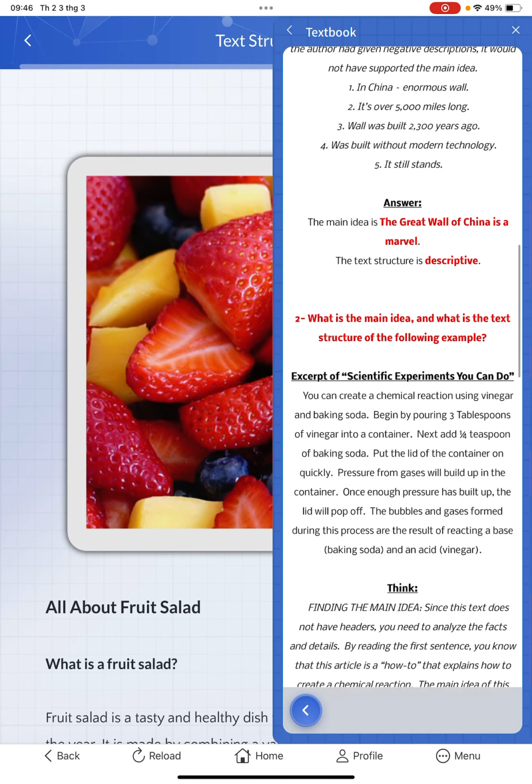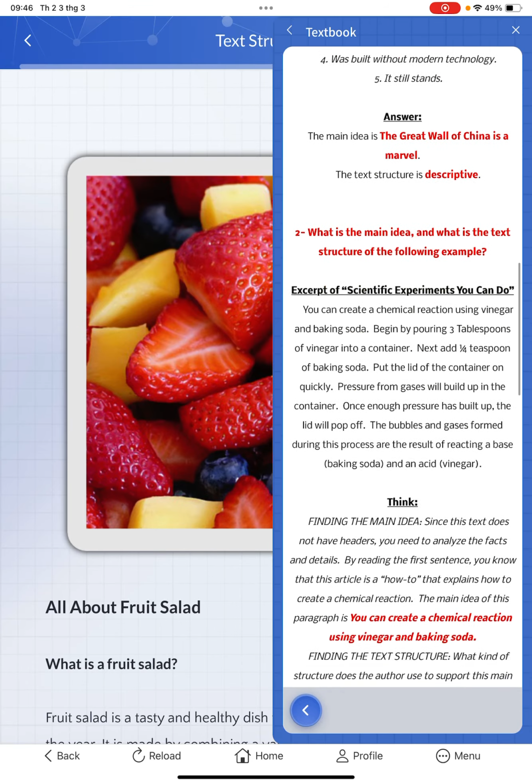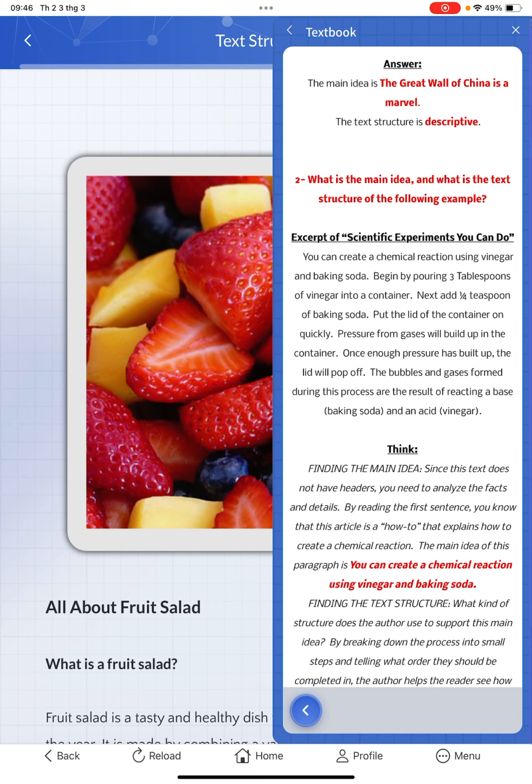So not only can you find it in an informational text, but you can also find it in texts that tell you what to do. Okay, so here's an excerpt from a scientific experiment you can do. Basically, this one is talking about a chemical reaction.